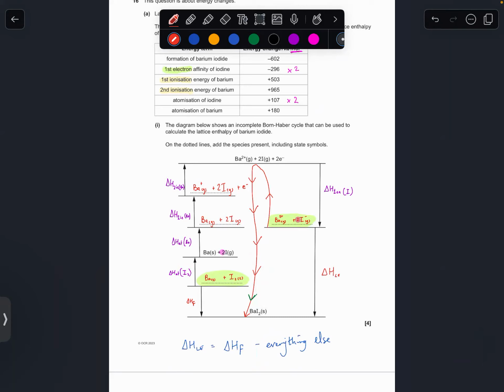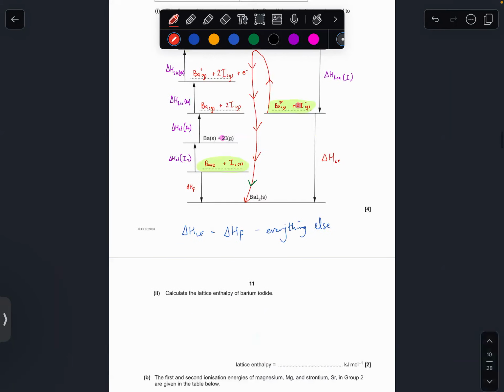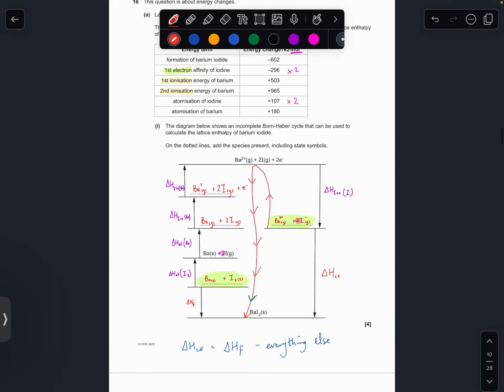Enthalpy change of formation. Minus 602 minus, let's open the bracket, everything else. So the minus 296 times 2 plus 503 plus 965 plus 107 times 2 plus 180.